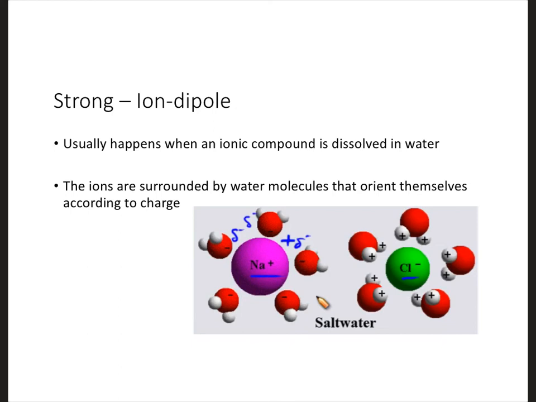If you dissolve sodium chloride, the sodiums become Na pluses, the chlorines become Cl minuses. Well, the positive side of a water molecule surrounds a negatively charged chlorine ion. The negative side of the water molecule can surround the positively charged sodium ion. And they form these little cages around the ions.